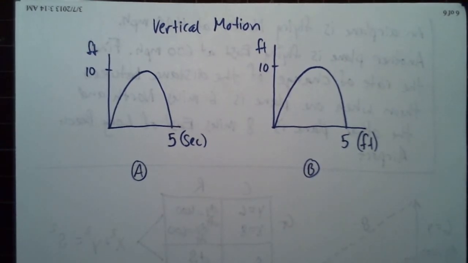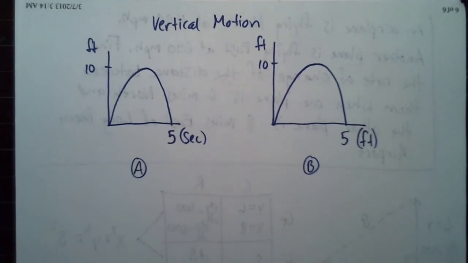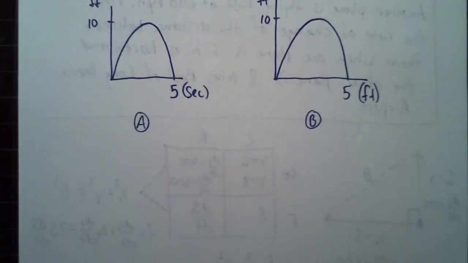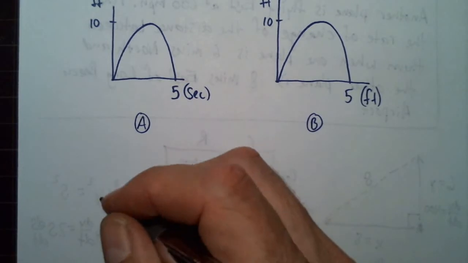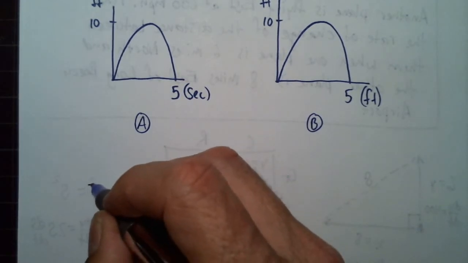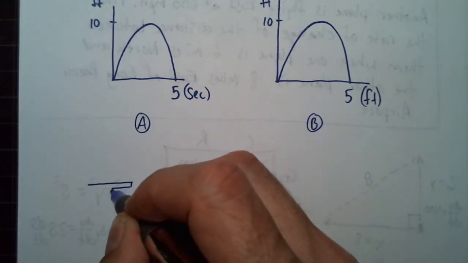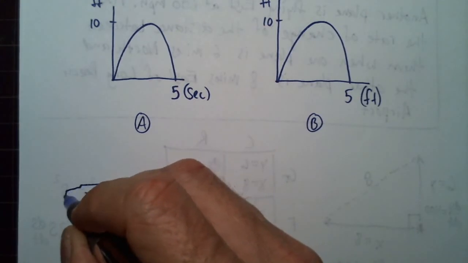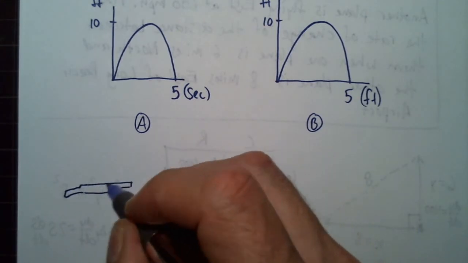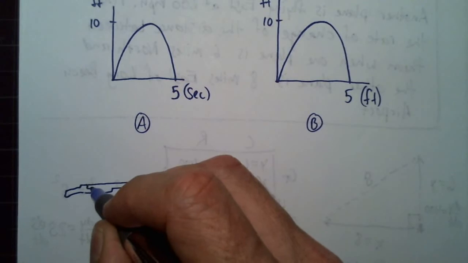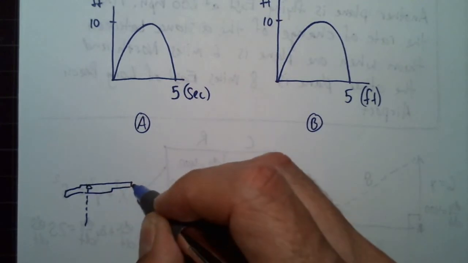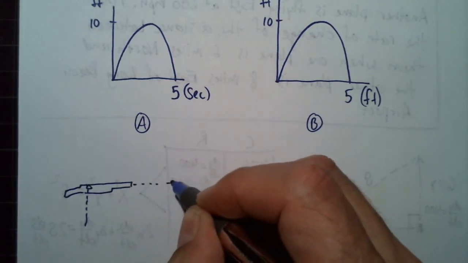So here's something interesting about vertical motion. Maybe in a shooting competition, there's a rifle and the shell falls out after the bullet is fired.